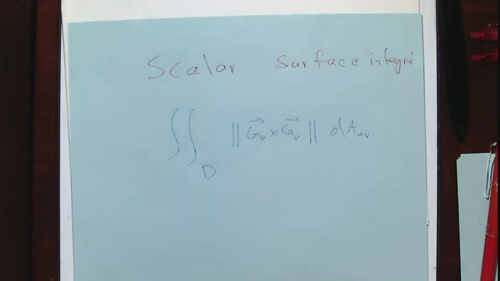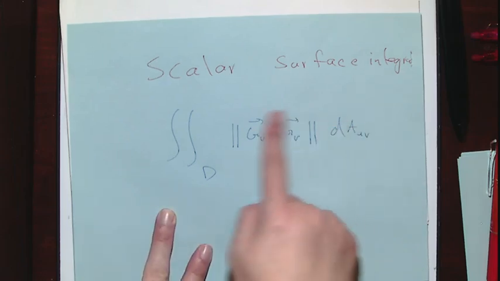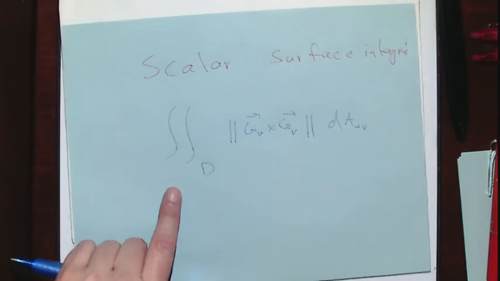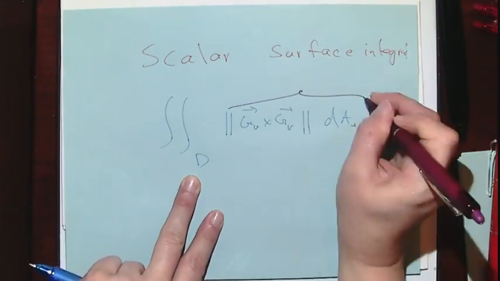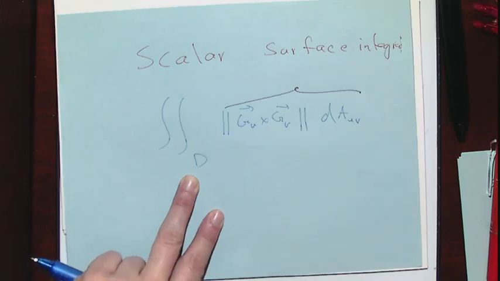So you weight, basically, you put the weight into each piece of the surface. You put, what's that called? Density. So you take each, this thing gives you area element, surface area element.